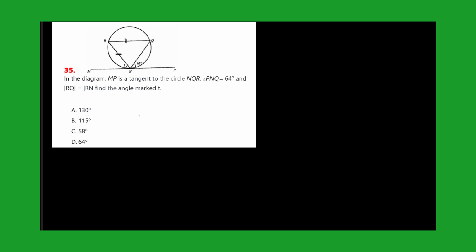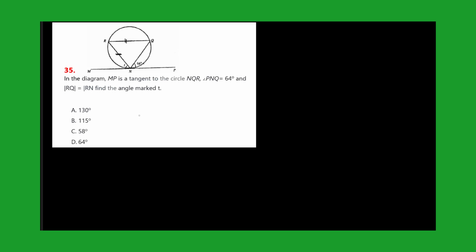So this is question 35, and it is a question on circle geometry. The question goes like: in the diagram, MP is a tangent to the circle NQR. Angle PNQ equals 64 degrees, and line RQ equals line RN.